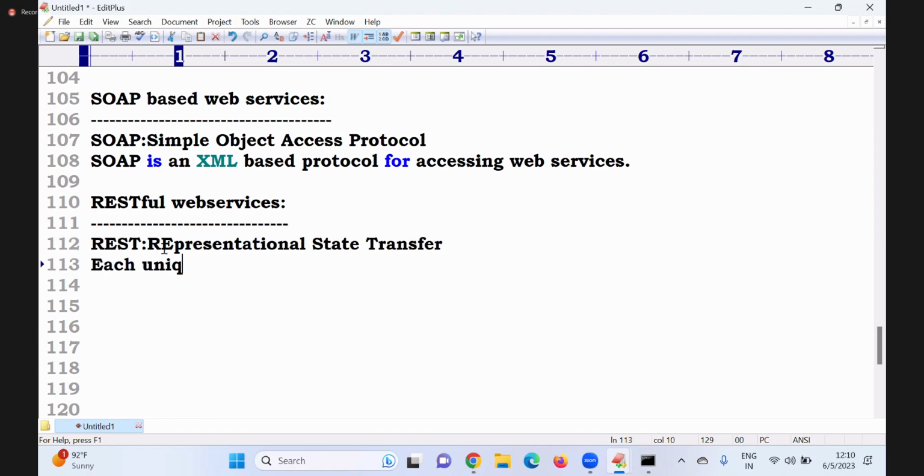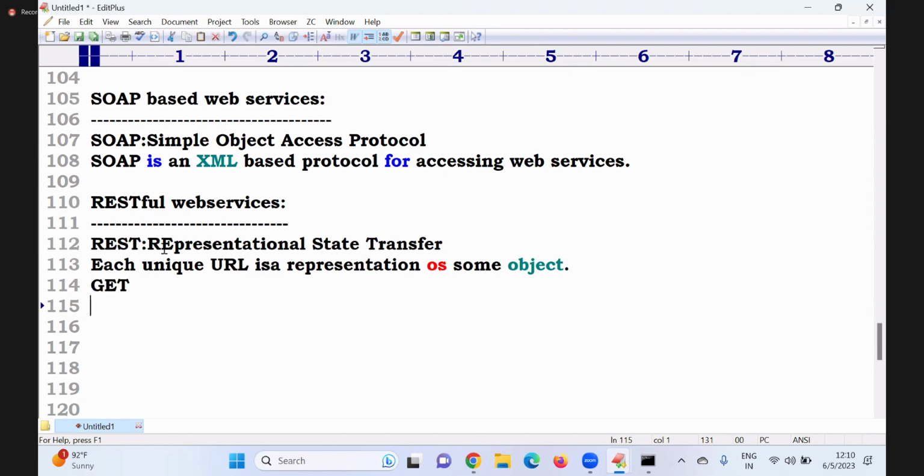Each unique URL we provide is a representation of some object. Object means JSON objects. So for every object, we can provide one unique URL.